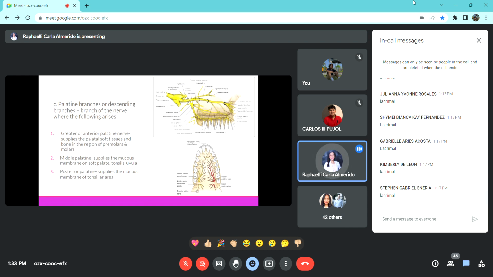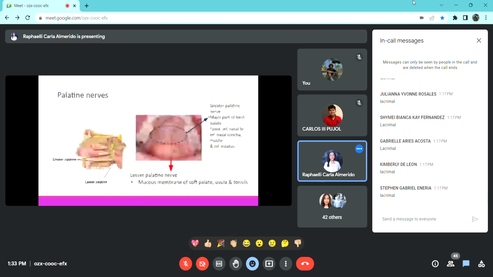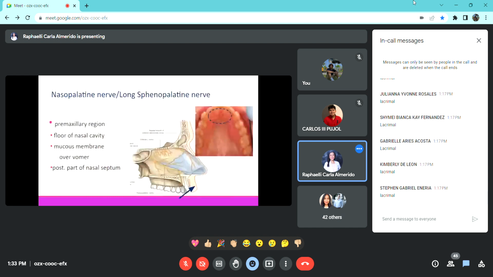Okay, so syempre, one will be your greater palatine nerve. So that's how you apply it later on. So I hope you memorize these nerves, especially those that are within the oral cavity. So again, for the palatine nerves, you have your greater palatine and the lesser palatine. For lesser palatine, it has two, the middle and the posterior.